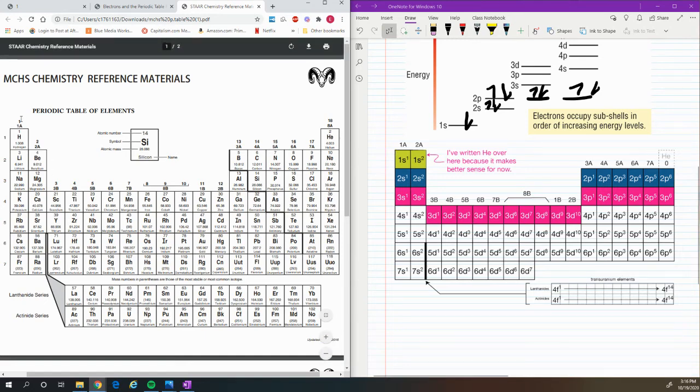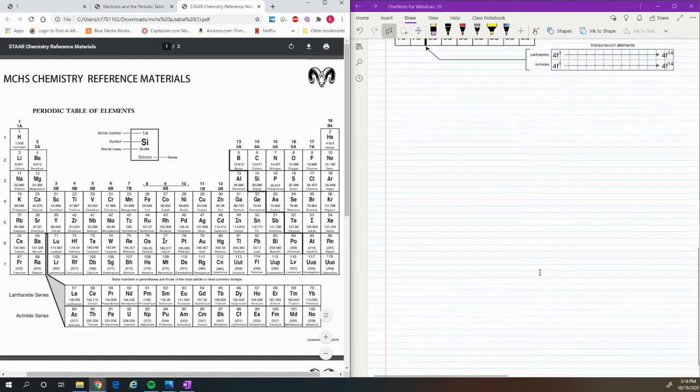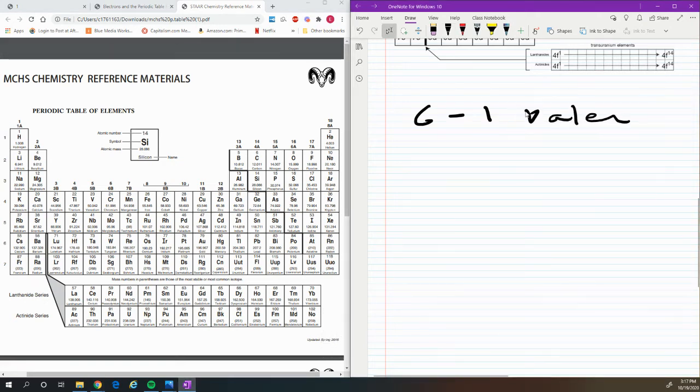I'll just give you a shortcut. The shortcut really is going to be that all group 1, so all of these on this first up and down group, are going to have 1 valence. Group 1 has 1 valence. Group 2, all of these are going to have 2 valence electrons, and these are just the outside orbital electrons.